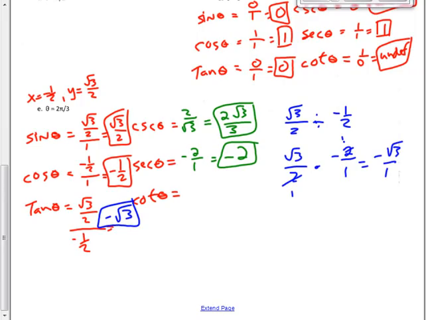Secant is negative because we went to the left to find this point. Cotangent, when I flip over negative square root of 3, I get negative 1 over the square root of 3. I need to rationalize that denominator. We did that one already. I end up with negative square root of 3 over 3, which gives me the cotangent.